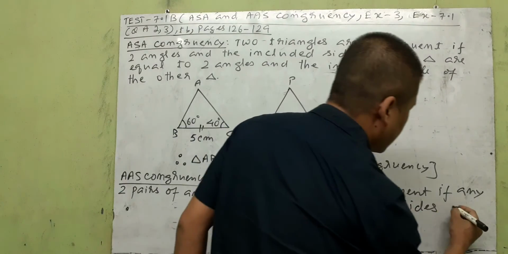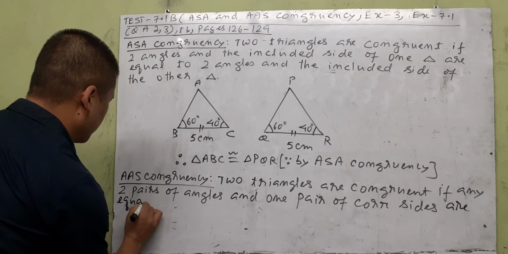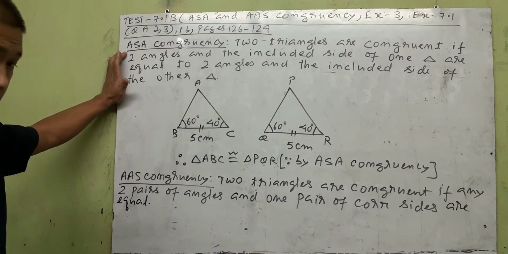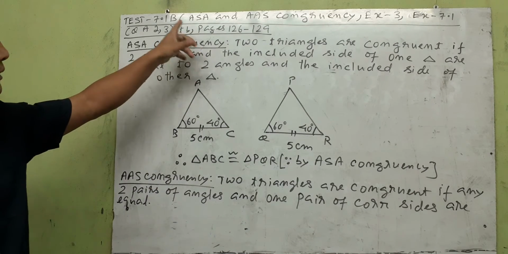We are going to use these two mainly, ASA and AAS congruency conditions, under exercise 7.1.